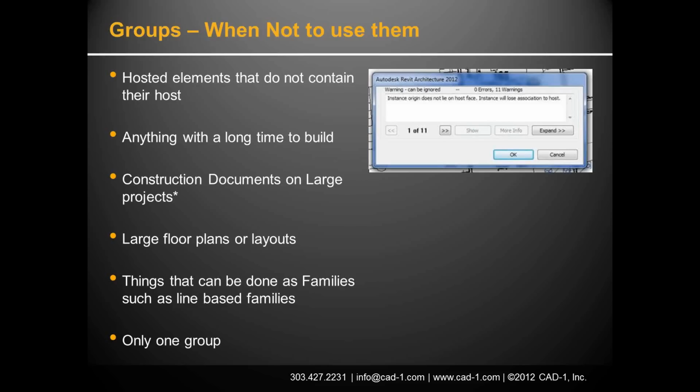Things that can be done as families, and this is kind of the aha moment: if you can build it as a family, build it as a family. Do not rely on groups. This is kind of playing back to the AutoCAD mentality that in AutoCAD you draw 4 lines and group them together, and that'd be a table.